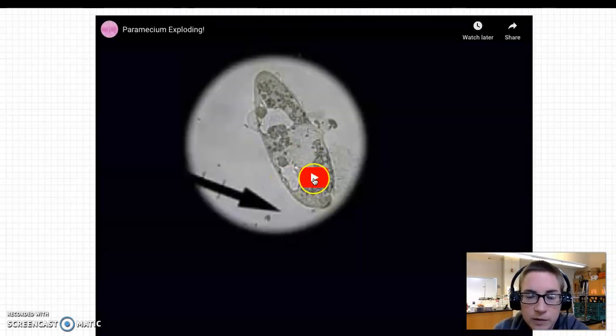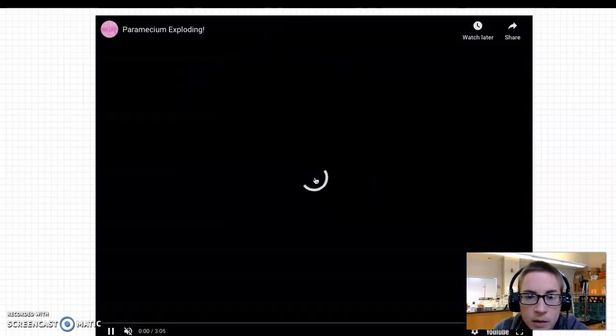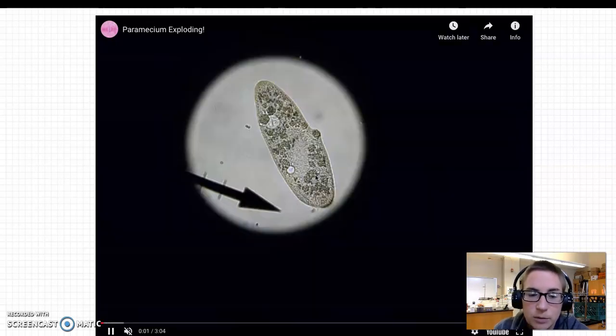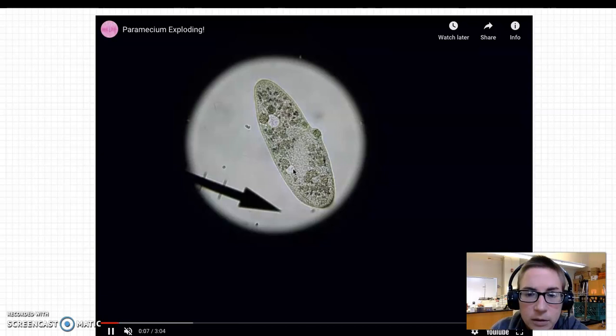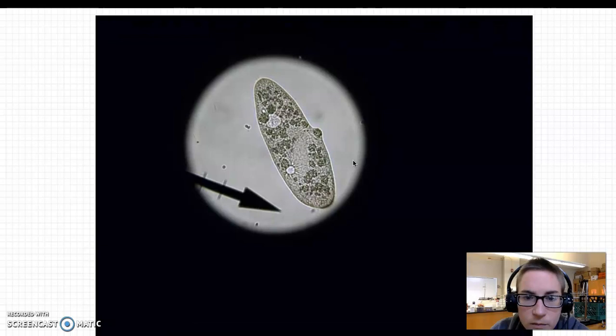In this video, I don't know if they did something to paralyze the contractile vacuole or what happened, but this is showing what happens if the contractile vacuole doesn't work. So there's the contractile vacuole right there. It kind of looks like a sunflower or sunburst shape. Contracts there. So it's pumping out excess water.